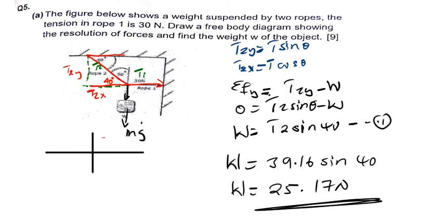The forces acting at that point, you have got that force. So you say that is T2 and this is T1, and you put an arrow, that is mg, the weight force, going in this direction.